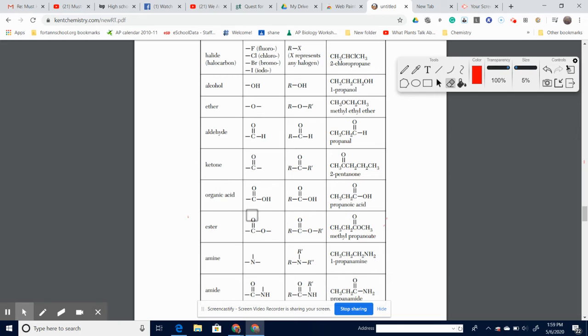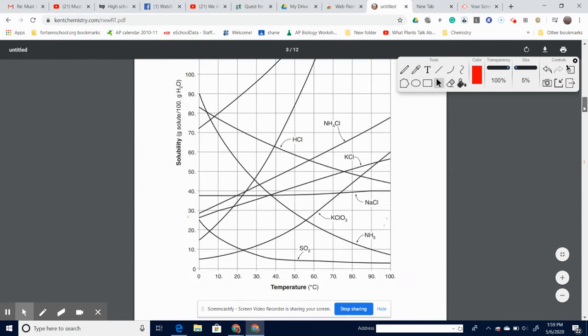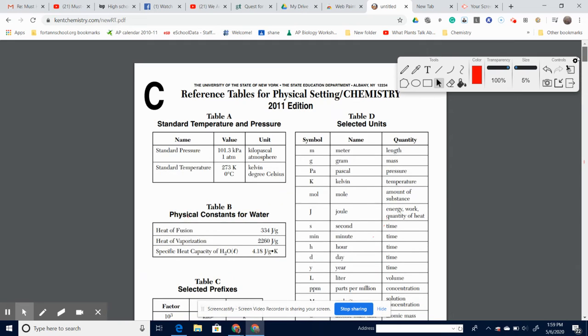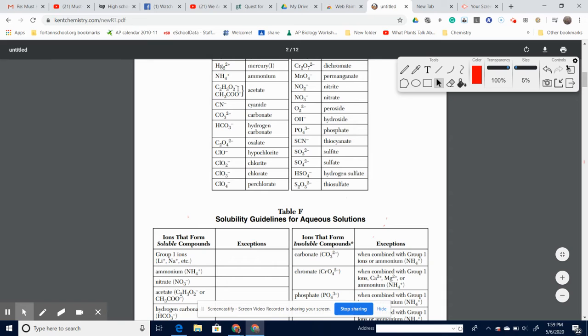So all these, the COOH is the same kind of polyatomic ion as C2H3O2. All right, so here we have it here.